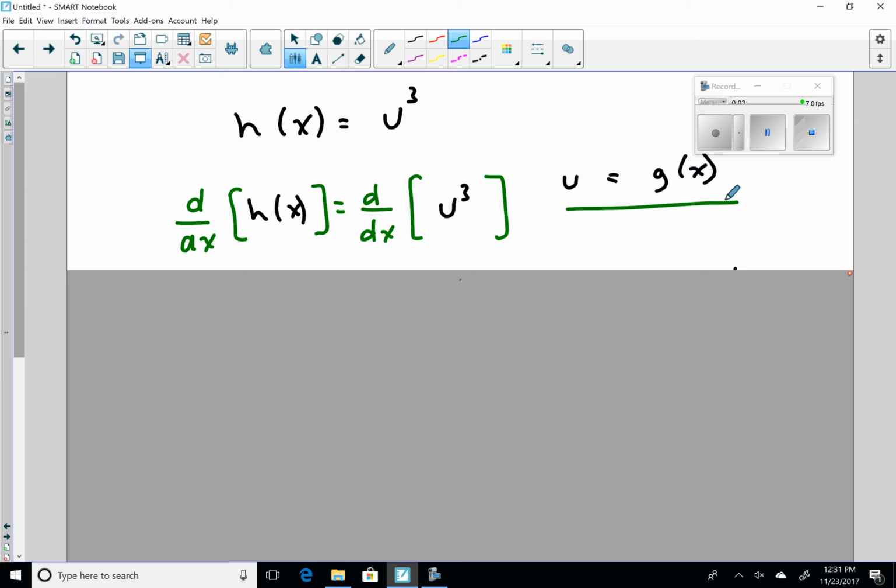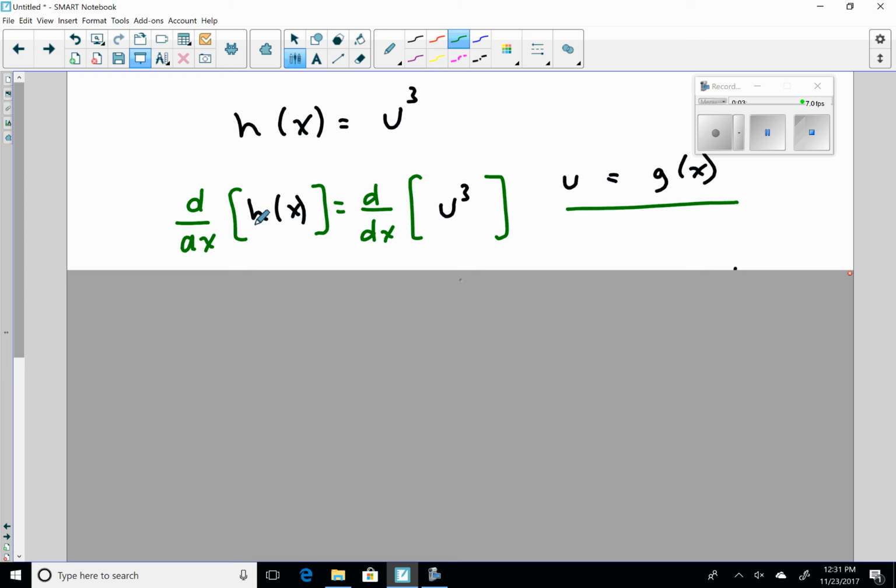The only difference between this slide and the previous slide is I'm going to throw the differentiation operator in there just to let you know the action that I am performing on h of x and u cubed. This will be of importance as we go down the road.